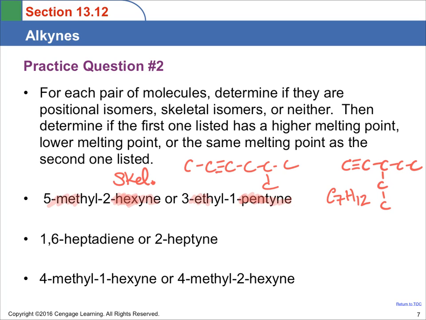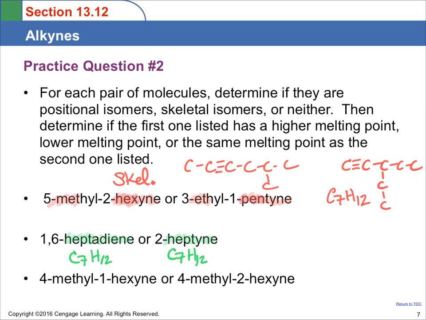For the next one, we have heptadiene and 2-heptyne. So 2-heptyne, hept is 7 carbons, so we have C7H12. Heptadiene, we have C7, and because it's a diene, we are at that 2n minus 2 again, so we are at the same formula.